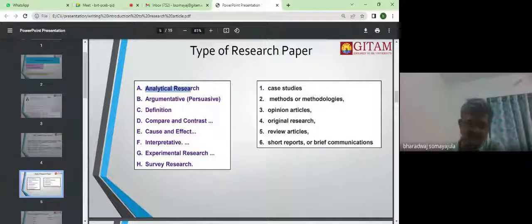So anyone can write research articles, in my point of view. Any student with or without a PhD degree can write, so they can come into this particular category.